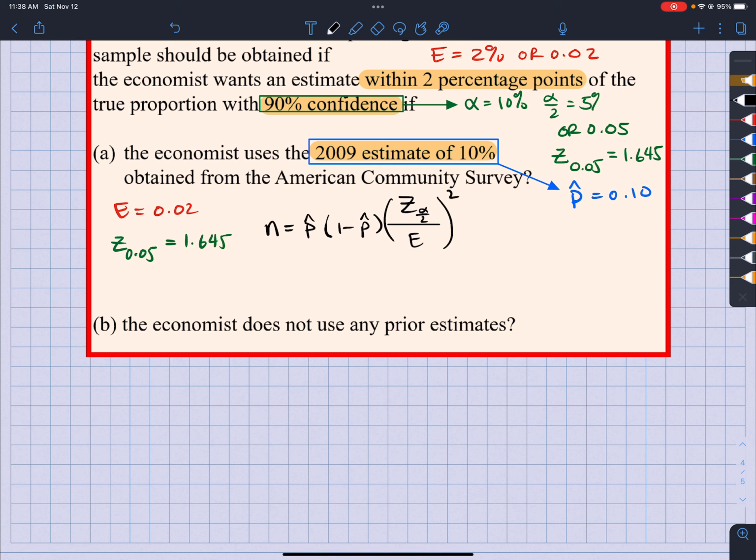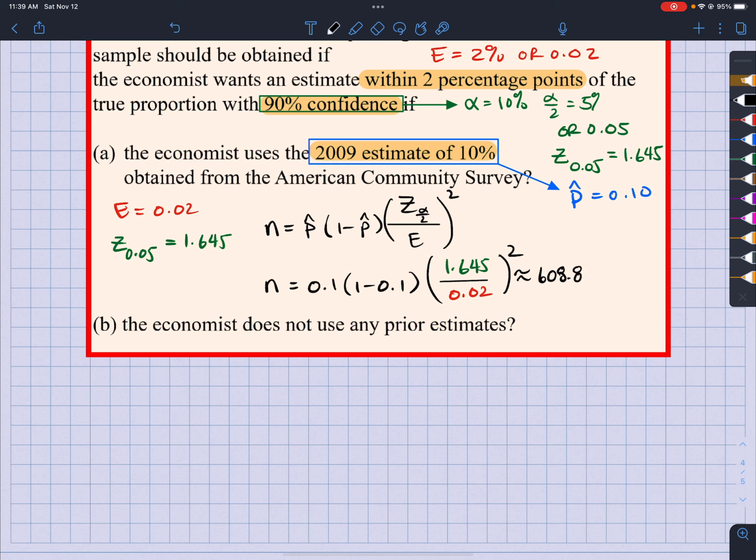So in our case, n is going to equal 0.1 times 1 minus 0.1 times the 1.645, divided by e, which we had up there, which is 0.02, squared.